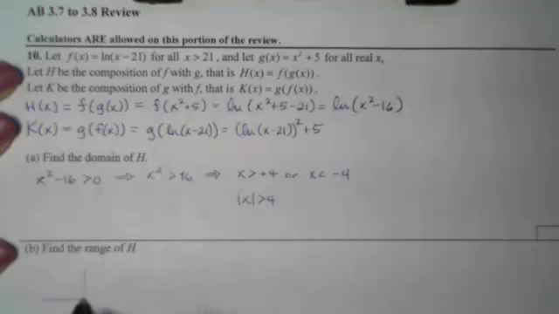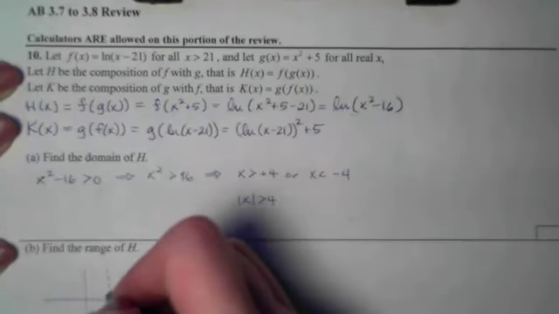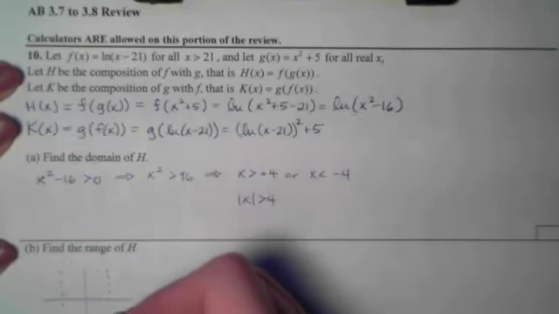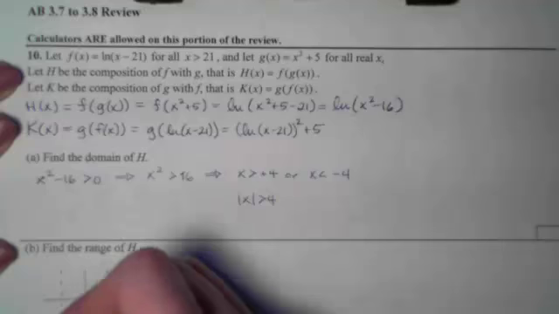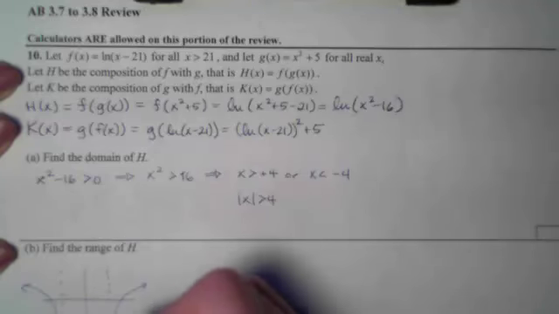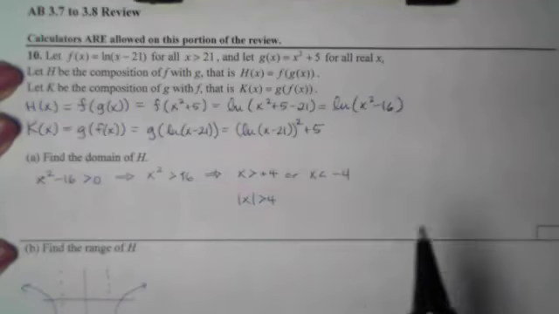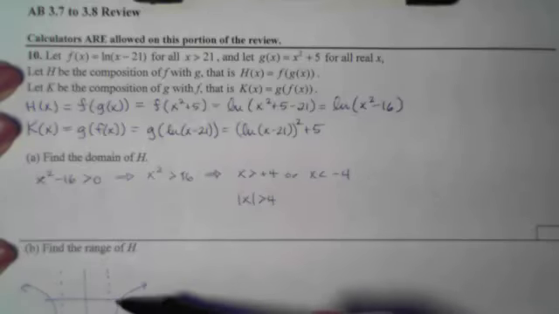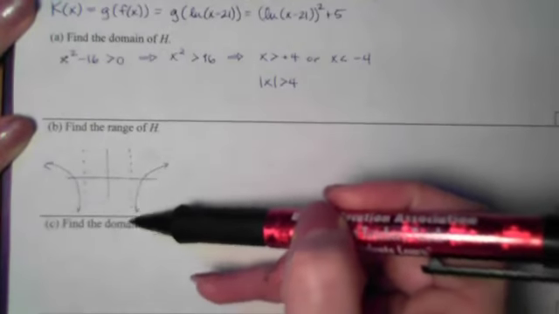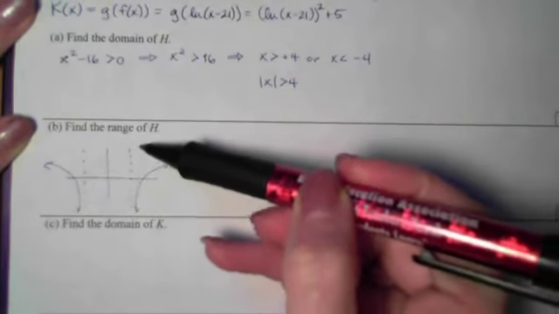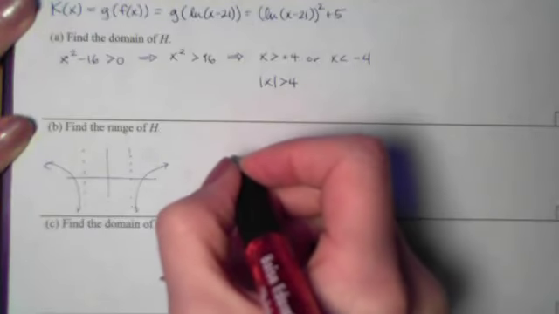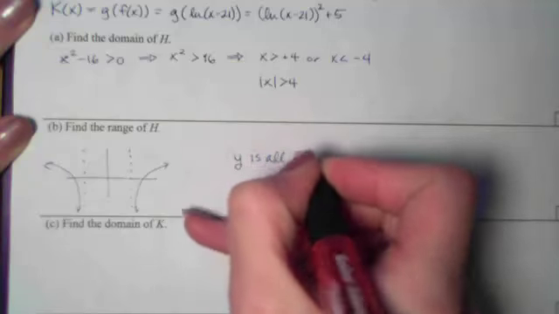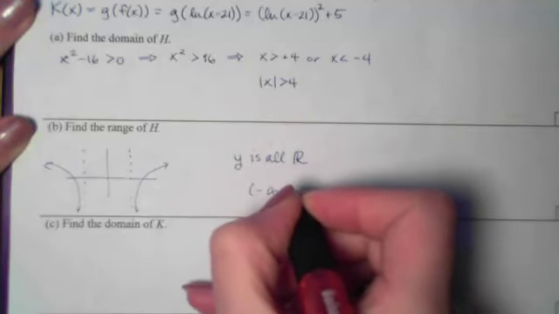So we could predict that at positive 4 and at negative 4 we're going to have an asymptote, and we'll get one on each side because we've been squaring the inside. Now because of the picture, we can see that the range, which is the y coordinates, will be everything less than 0 and everything greater than 0. So the range is y is all real numbers. Or you could go negative infinity to infinity.